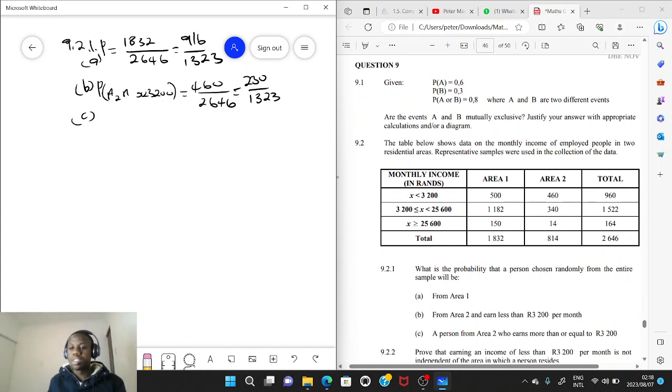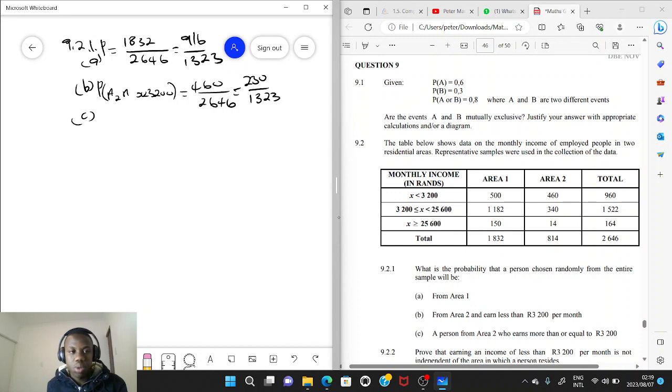Now we have C. At C, we want a person from area 2 who earns more or equal to 3.2. So we want the one from area 2 who earns more or equal to 3.2. Here is more or equal to 3.2. That's 340.